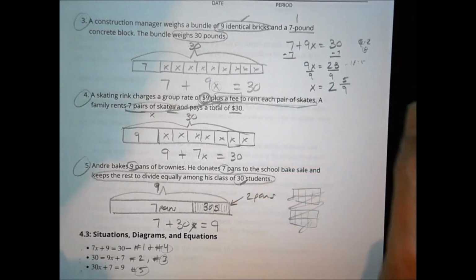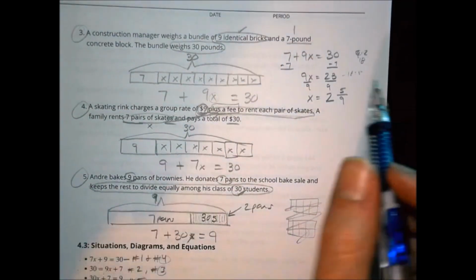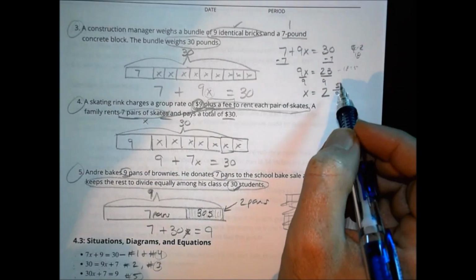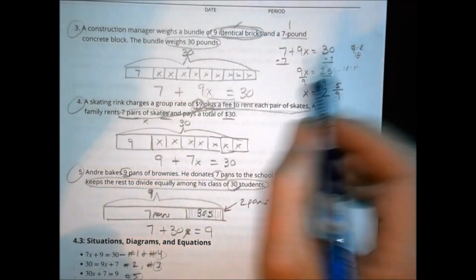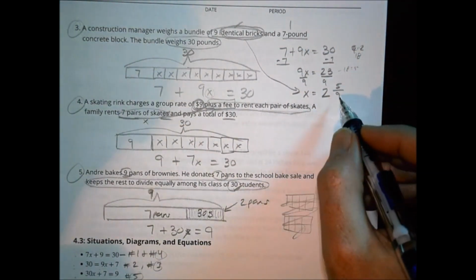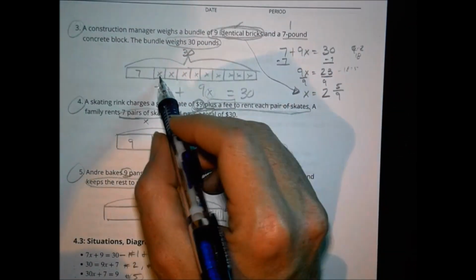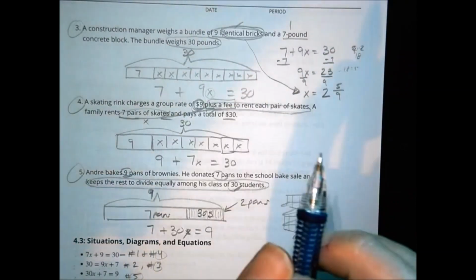So what this tells me in this problem here, if I look at the brick problem, is that my value of x is 2 and 5/9. So these identical bricks right here, the bundle of 9 identical bricks, each one weighs 2 and 5/9 pounds. That's what the x is telling me there. So each of these is 2 and 5/9 pound, and when I add them up and add the 7 to it, I end up with 30.